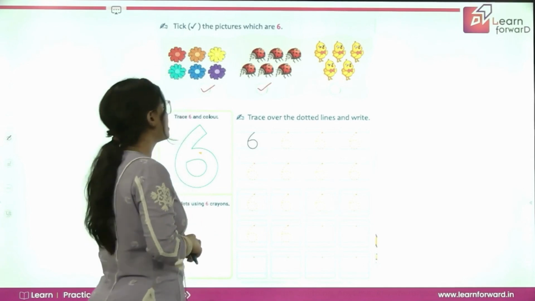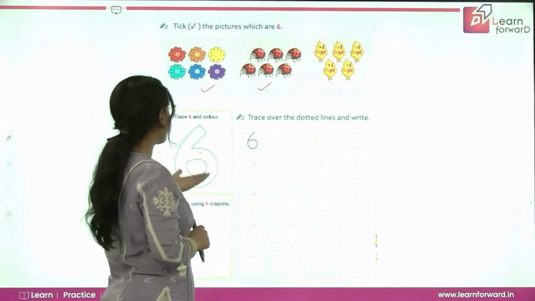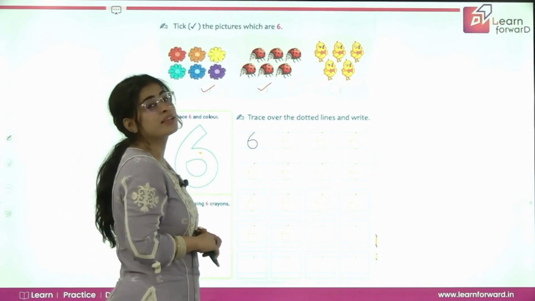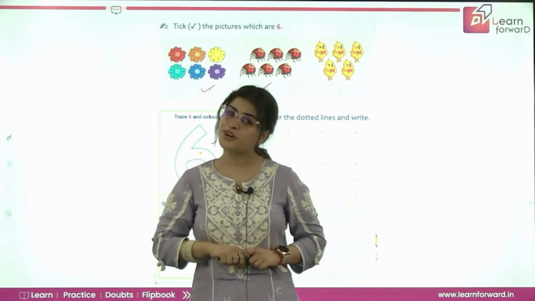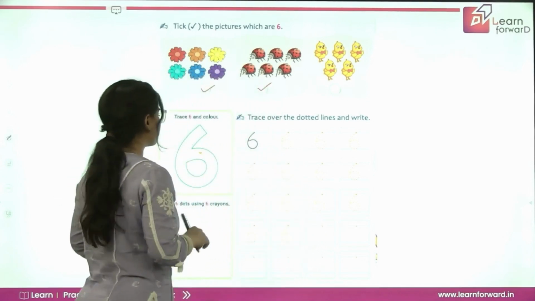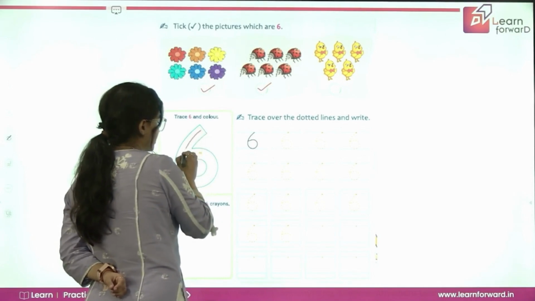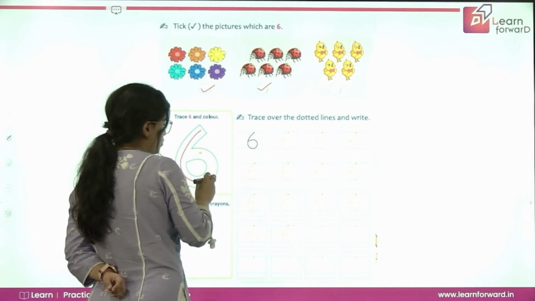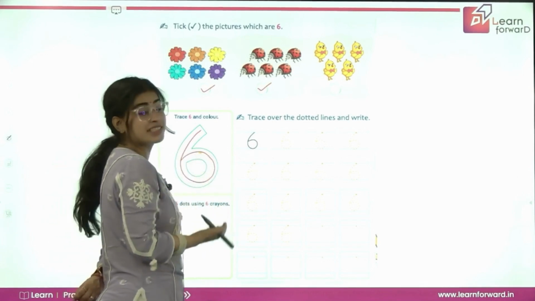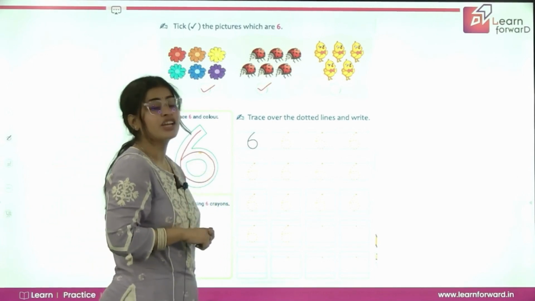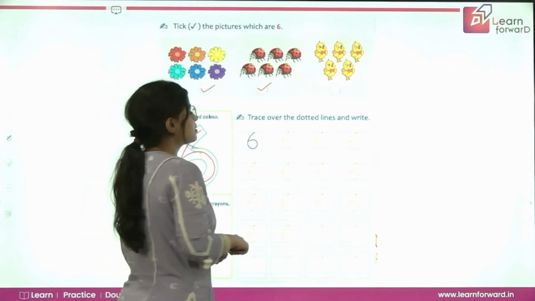Okay. Now, I will tell you how you will make number 6 by tracing these dots. But first, you all will pick your pencils and your books. Let's start. First, you will make a curve like this, then make a loop and round like this. This is number 6, okay? You will learn it, don't worry. Again, make one more time.